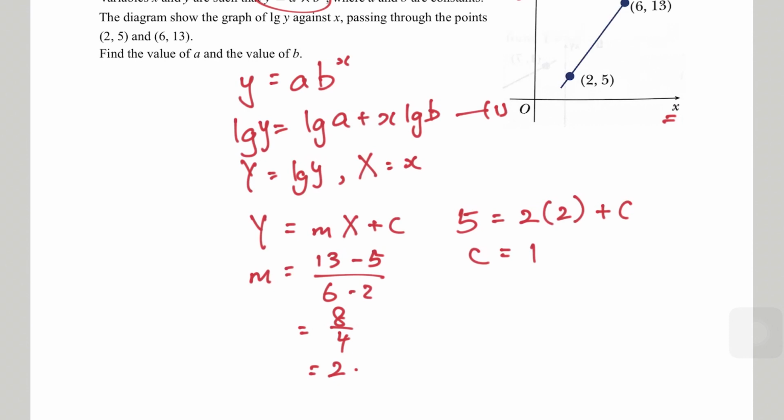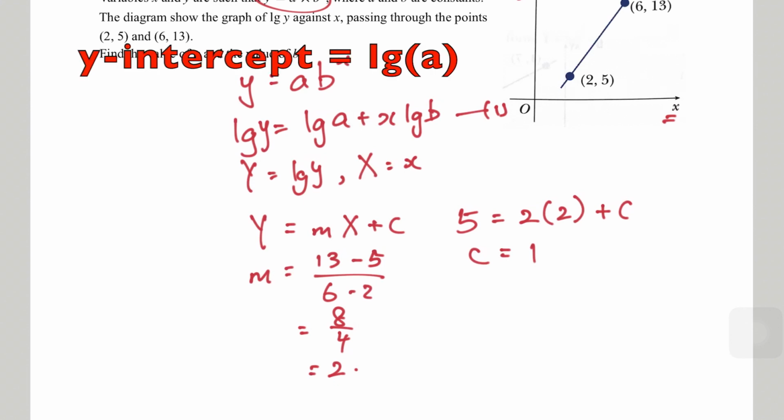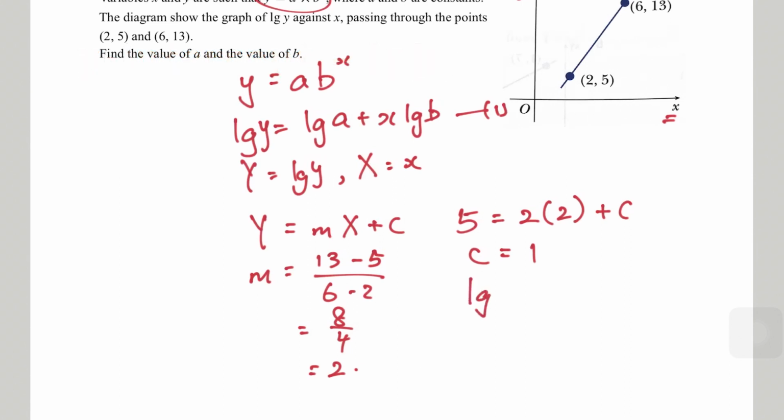Okay, so now you have the gradient and the y-intercept. So using equation 1, you can see that your y-intercept c is actually log a. So I will equate them together. Log a is equal to 1, and so a is equal to 10.